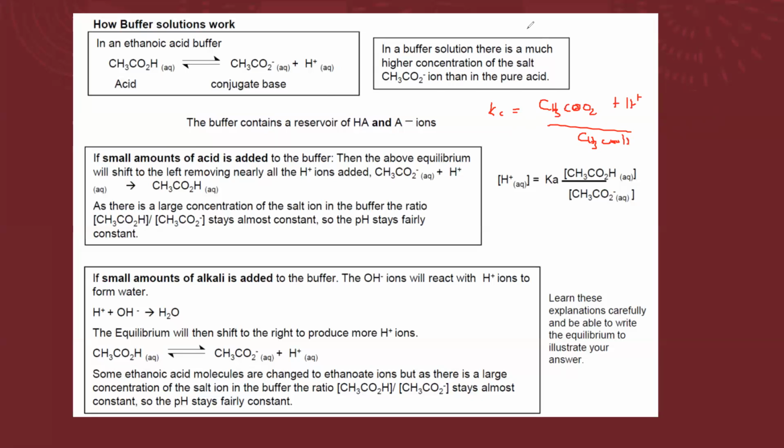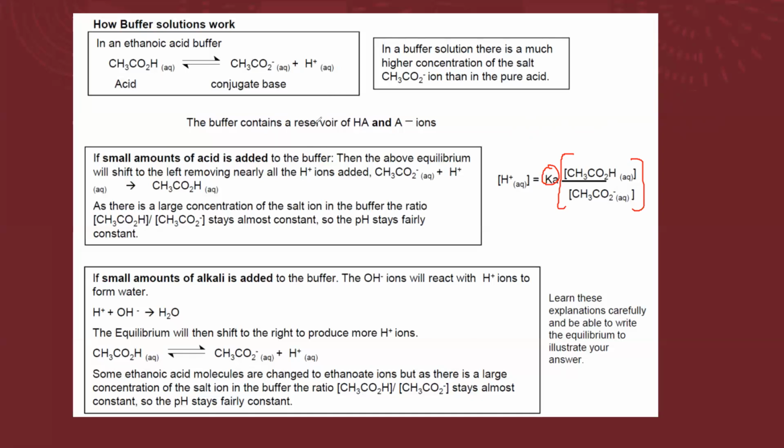If we want the hydrogen ion concentration, when we rearrange the equation, the hydrogen ion concentration depends on Ka, which is constant, and also on the ratio of the concentration of acid divided by its salt. So if this ratio does not change, the hydrogen ion concentration will not change. If the hydrogen ion concentration does not change, the pH of the solution will be constant.